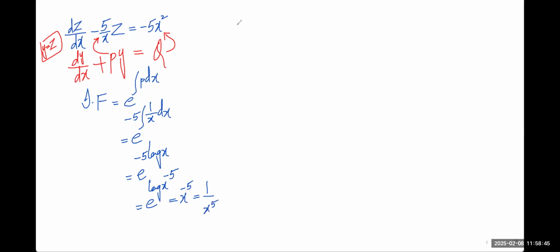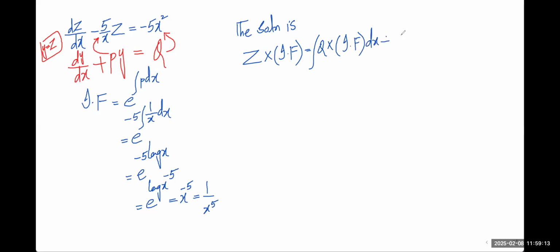Now the solution is y into the integrating factor, but the y value is z here. z into the integrating factor is equal to integral of q into the integrating factor dx plus c.